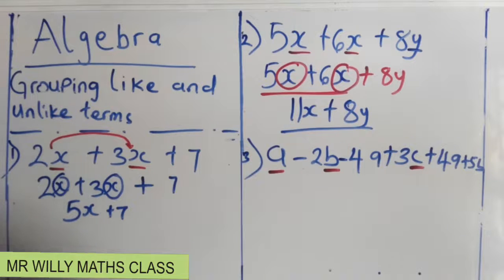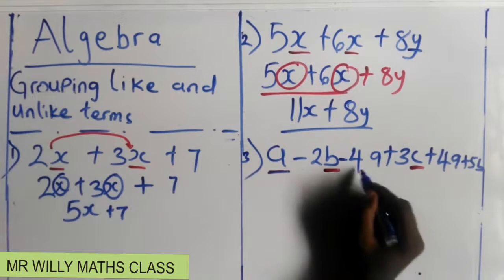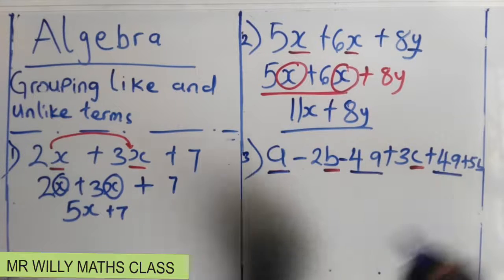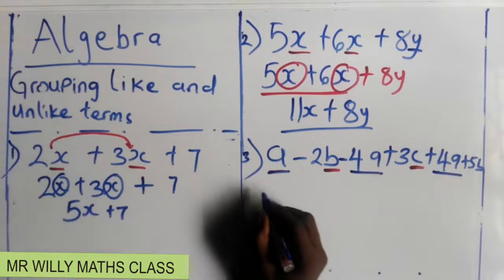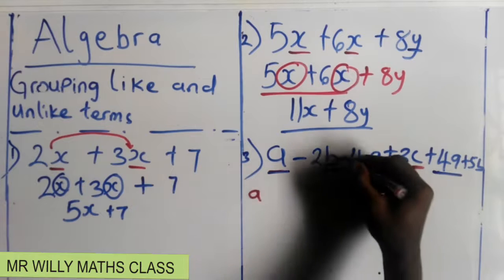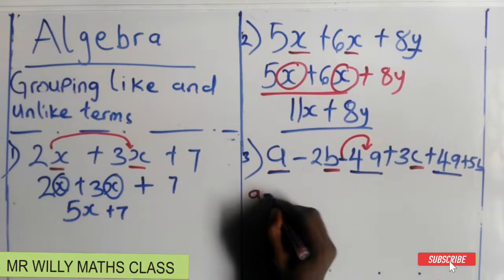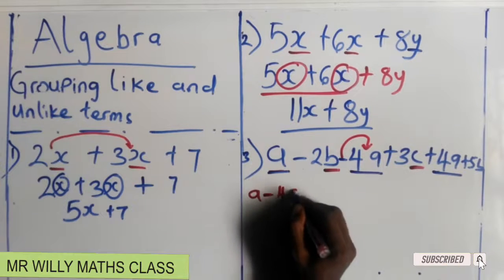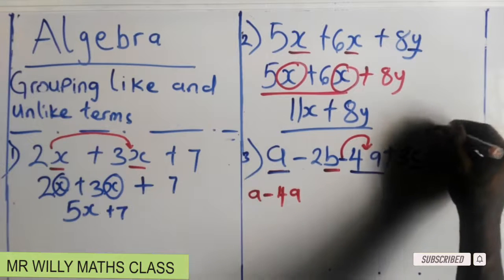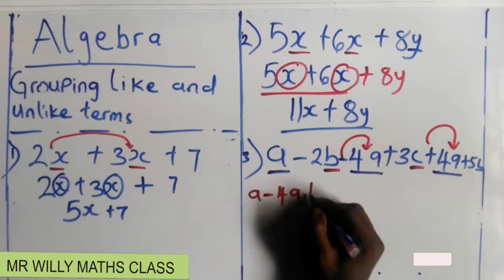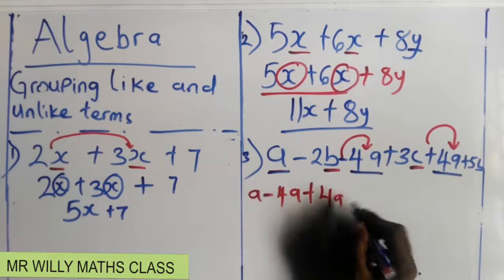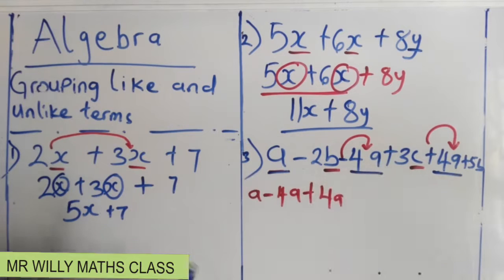I think for a family we are having this. This is a, this is a, this is a. So for a family, I'm going to start with a. And don't forget that this minus belongs to this minus 4a, and this plus belongs to this plus 4a. I think that's all for a. Okay, let's go to b now. If you look at b now, we are having b.